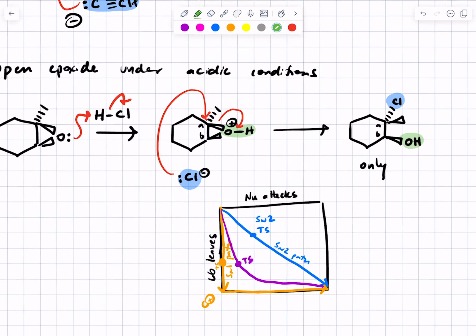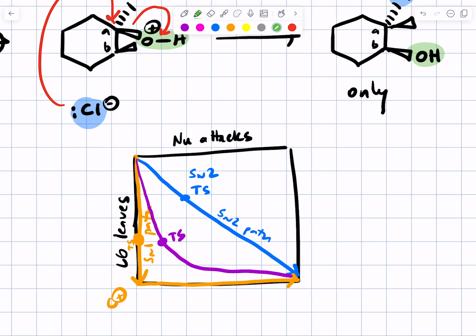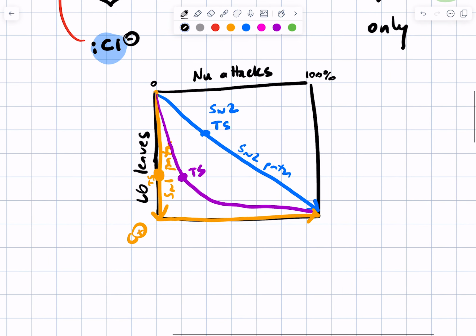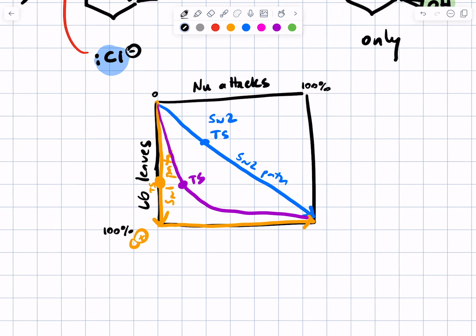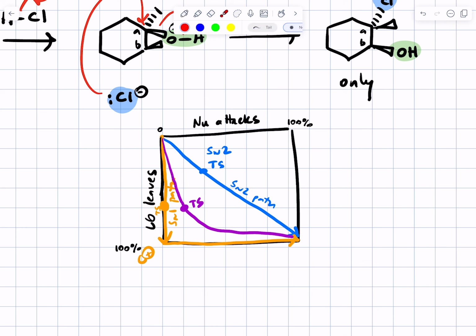What I meant by that is, if you think about a pure SN2 mechanism in blue, what we're looking at is a reaction coordinate diagram where the x-axis represents the extent to which the nucleophile attacks, from 0% to 100%, and then the extent to which the leaving group leaves, again from 0% to 100%. If we follow the orange pathway, the leaving group leaves first to give a carbocation, and then the nucleophile attacks, and that's the SN1 mechanism.